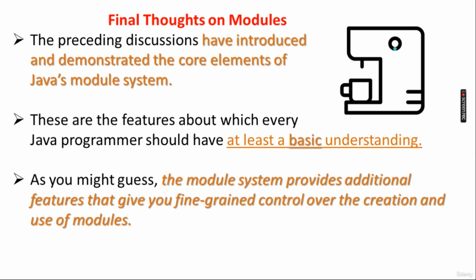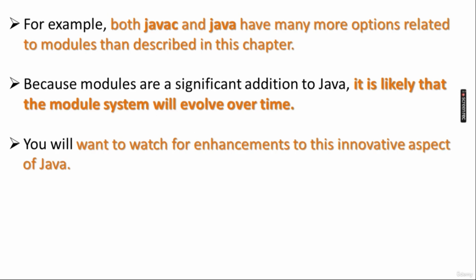As you might guess, the module system provides additional features that give you fine-grained control over the creation and use of modules. For example, both javac and java have many more options related to modules than described in this chapter.